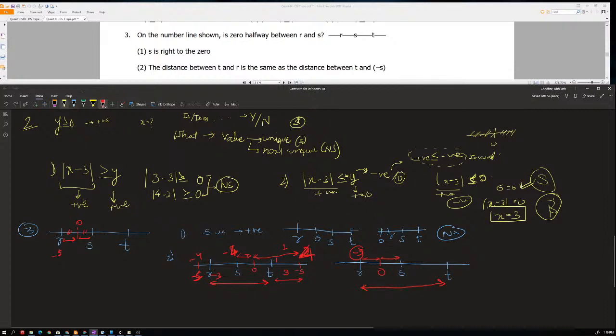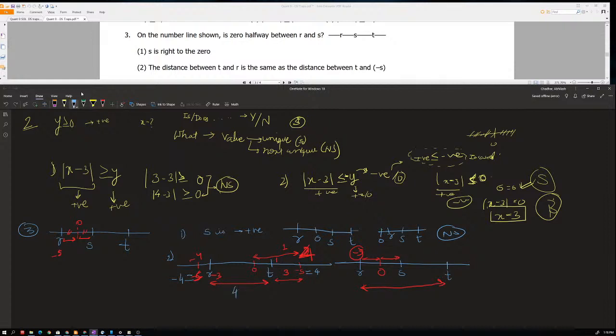Let me clear it up. So this will be something like this in that case. Minus S is equal to 4 here. So S will be equal to minus 4 here. R is equal to minus 3 here. Distance between R and T is 4.